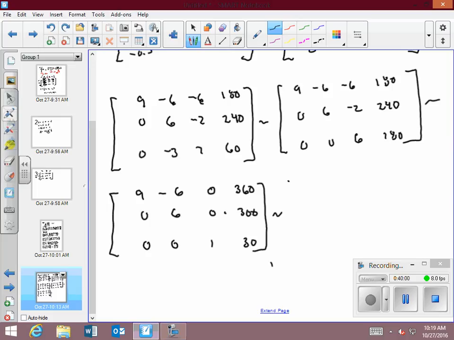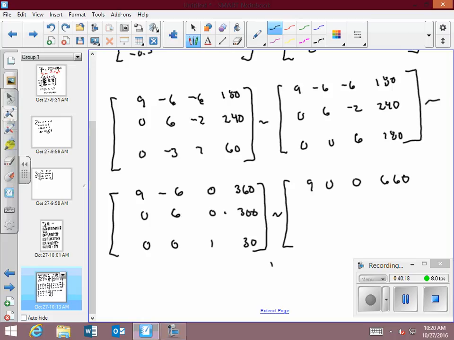So I'm going to take 1 times the second row, 0, 0, so that's 660.